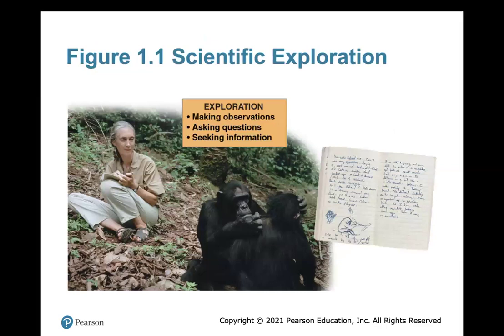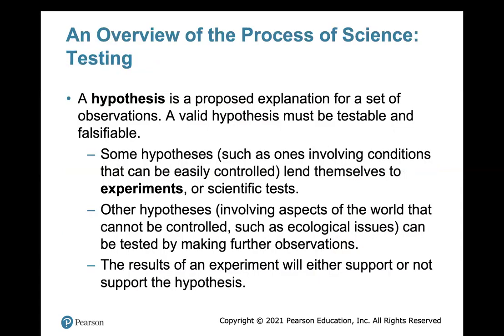So scientific exploration starts with making observations where you notice something that's strange or interesting, and then you ask a question about it, and then you're going to seek information. A hypothesis is a proposed explanation for the set of observations, and a valid hypothesis must be testable and falsifiable.